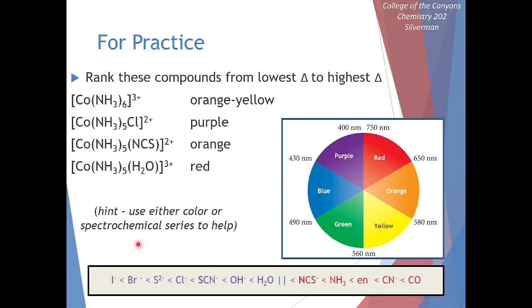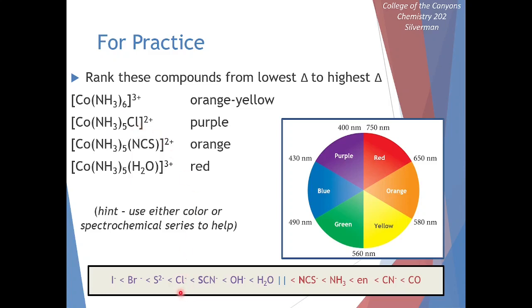We can just compare two of these real fast. If we have our first compound, cobalt with 6 ammonias attached, hexaamine cobalt 3. Ammonia is a strong field ligand. This will absorb light with high energy. This will have a large delta. Comparing this to, okay, we have 5 ammonias and 1 chlorine.